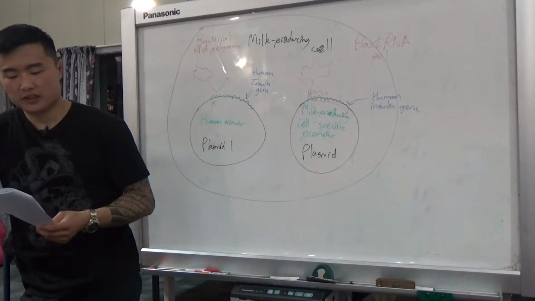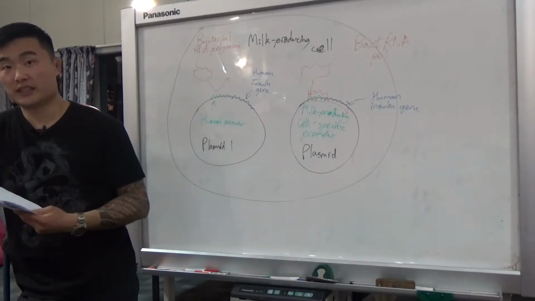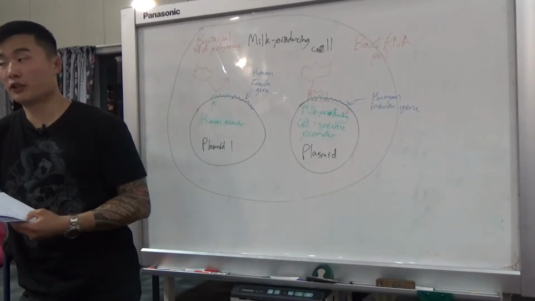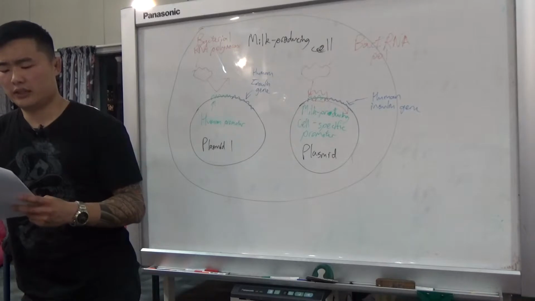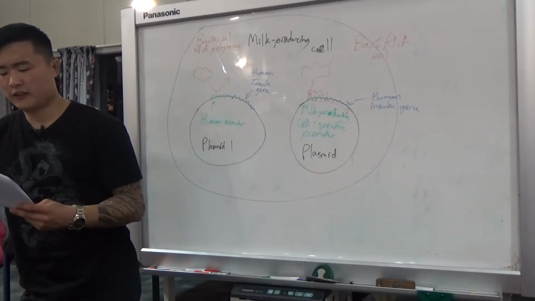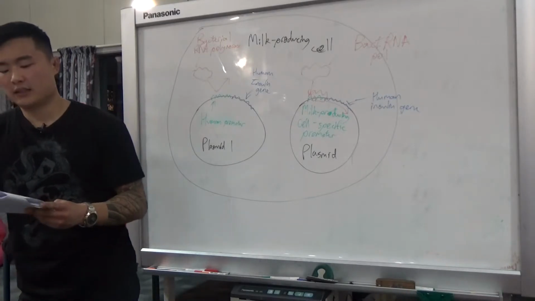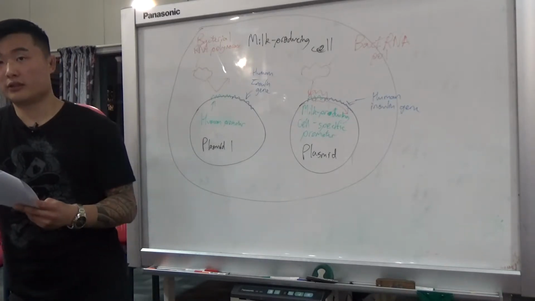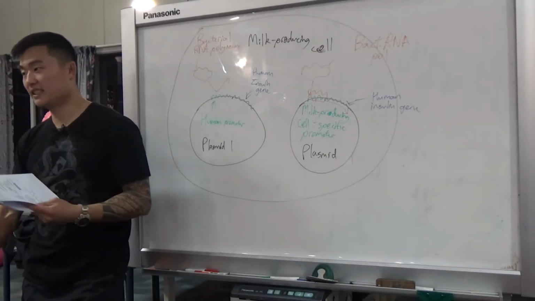So the pros of a bacterial system is that it's very low cost, so it doesn't cost a lot to grow bacteria. And then you can get a lot of protein from bacteria. You'll all have heard that bacteria can divide like once every 20 minutes or so.